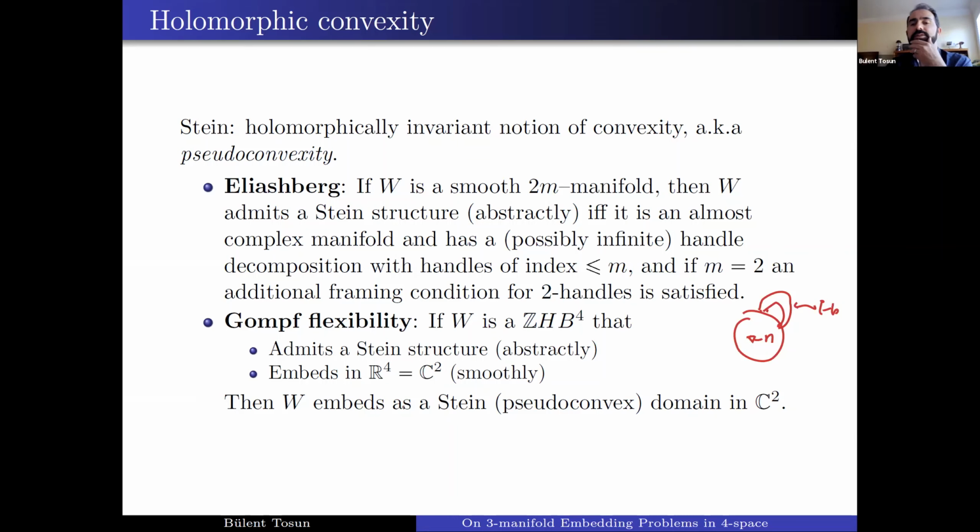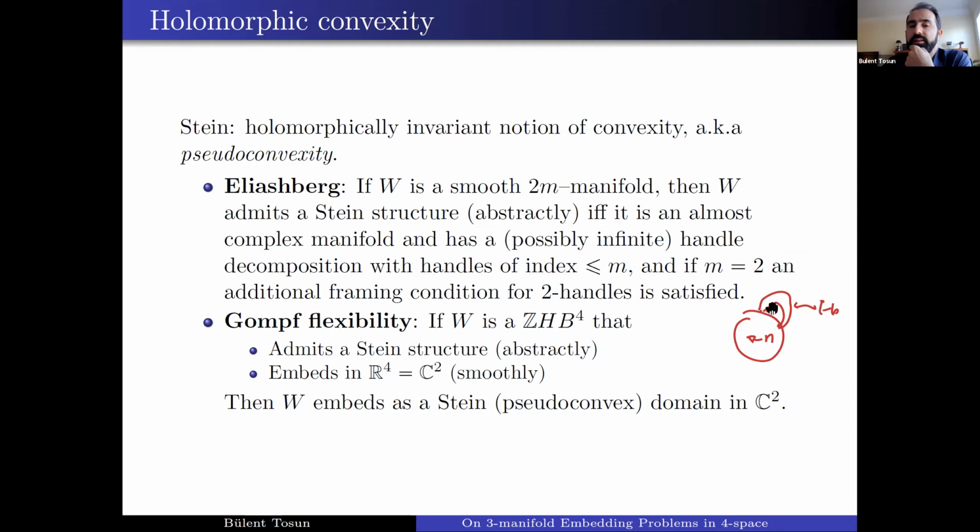There are so many ways you can make this picture Stein by choosing the attaching circle for the 2 handle to be correctly framed, so that this framing condition is satisfied. But such a 4-manifold can never be made a Stein domain in C2.